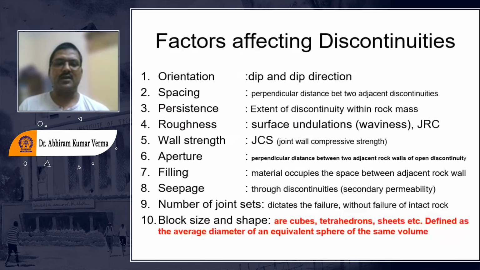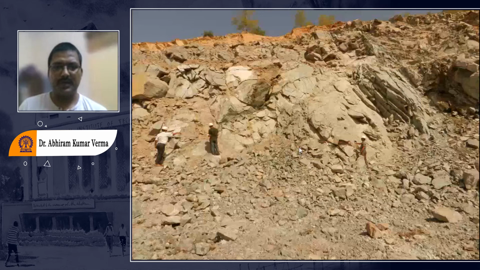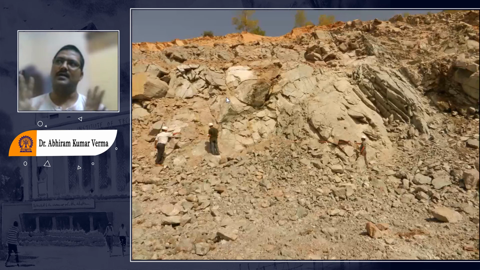Similarly, we are trying to find out the persistence. This is very, very important. Persistence is the extent of discontinuity within the rock mass. In this case, if any joints are open to us, say for example this joint is being shown over here, continuing from top to bottom, what is the extent in the z direction, which is not visible to us, being covered by the rock mass itself in the third dimension?